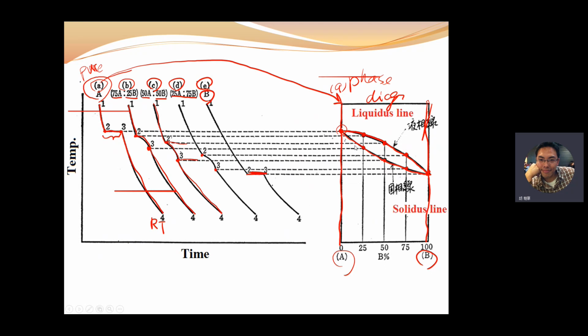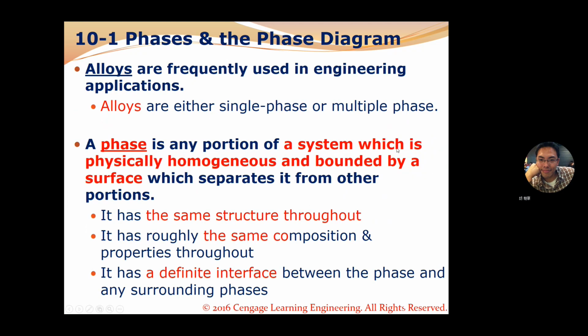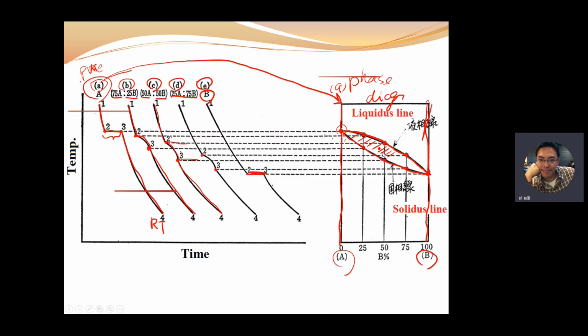And if the composition and temperature are located within the liquidus and solidus lines, like here, that means the alloy has two phases coexisting. The solid and liquid coexist within this range.